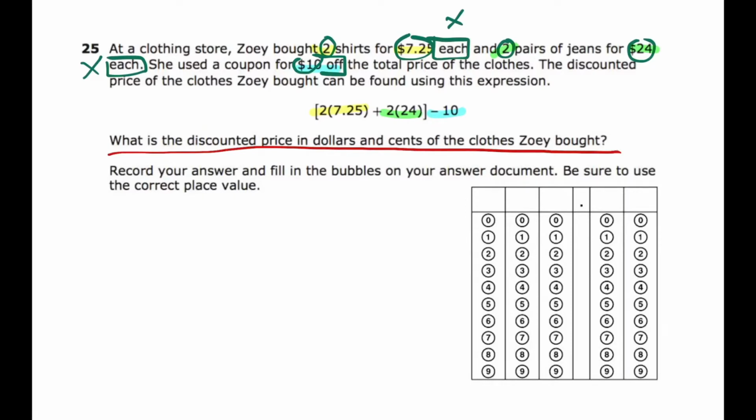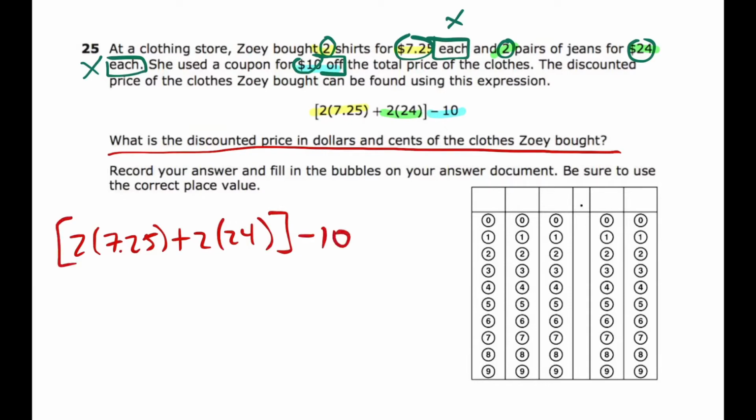So I'm going to rewrite this so I have some room to work. I have my 2 groups of $7.25. I have my 2 groups of $24. And all of that is in brackets, less my $10. And of course, I have a strategy that lets me deal with this, which is going to be GEMDAS.